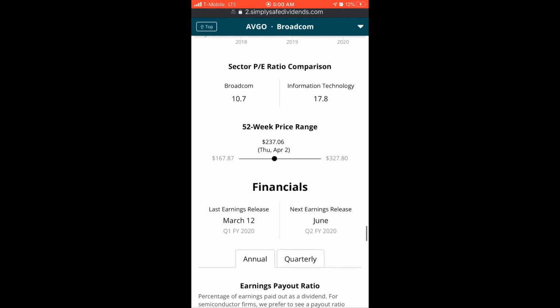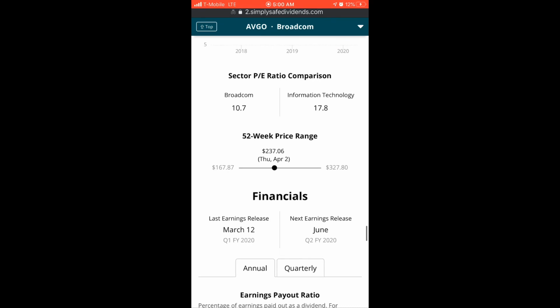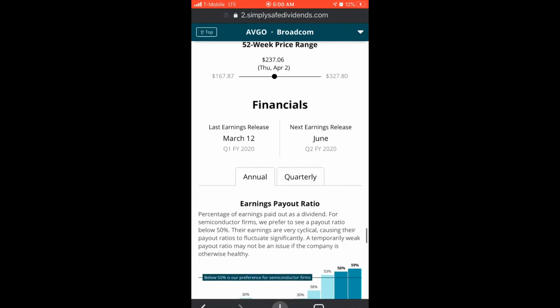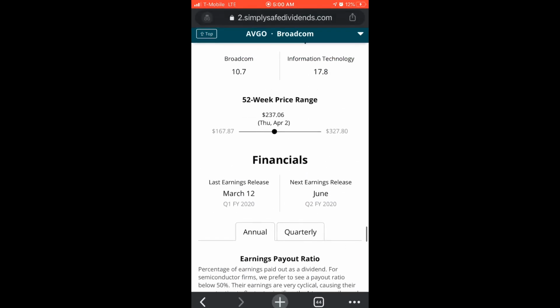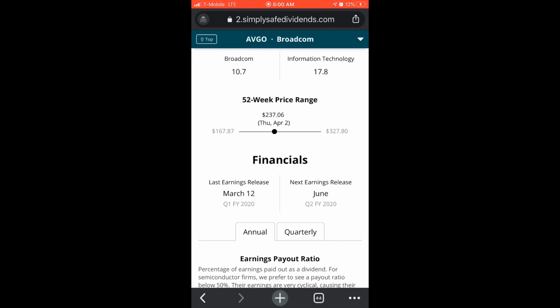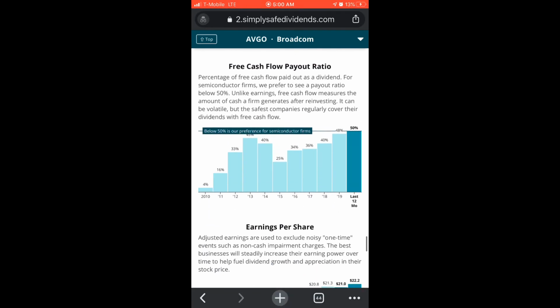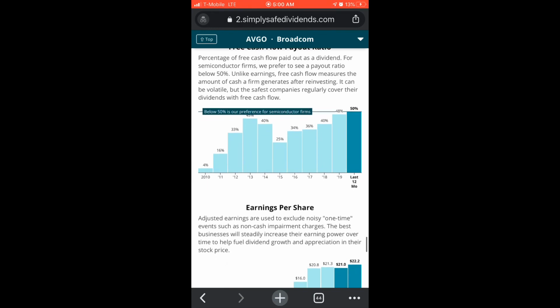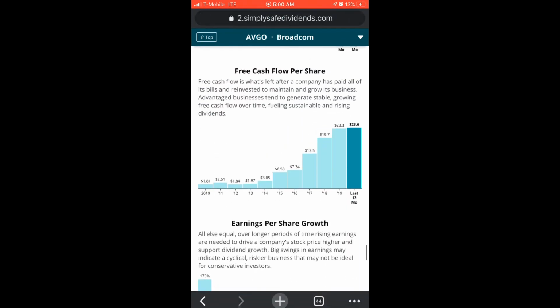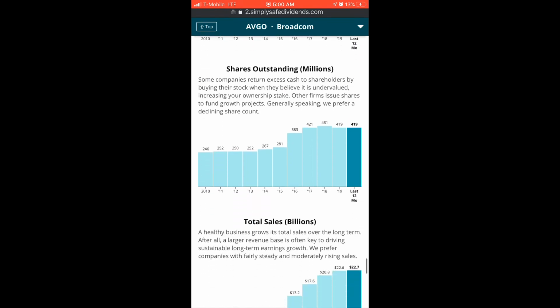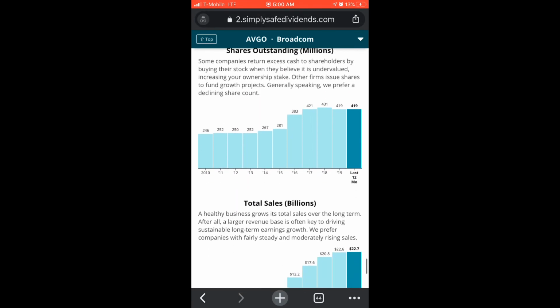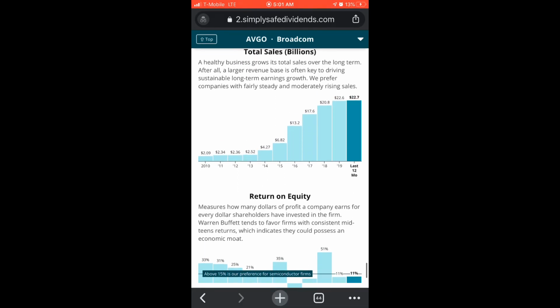And here shows the forward P/E ratio, which is 10.7. We saw that before. The 52-week price range. Again, I bought the stock when it was below 200, so it was close to the 52-week low price. Free cash flow payout ratio below 50. It tells a lot of information here. I really advise to use this website.